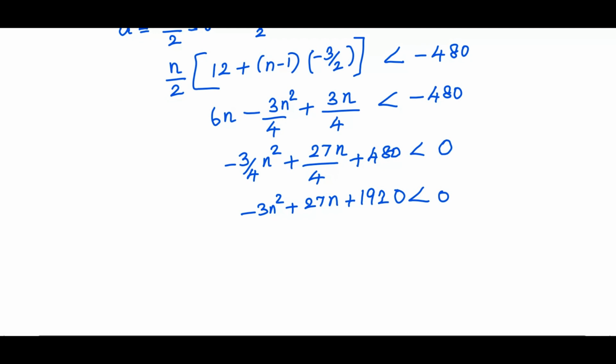Now divide the whole expression by negative 3. So we will get n squared minus 9n minus 640 is greater than 0.